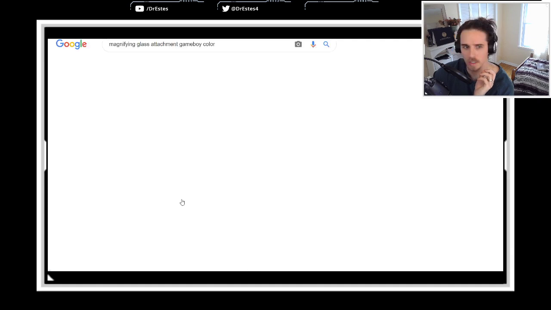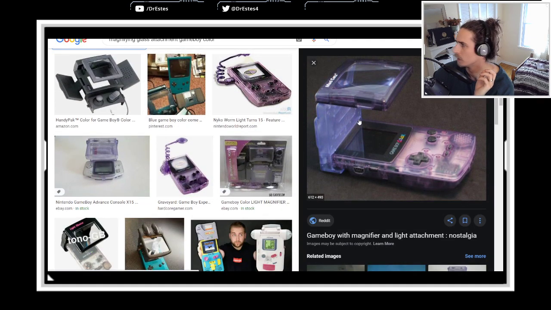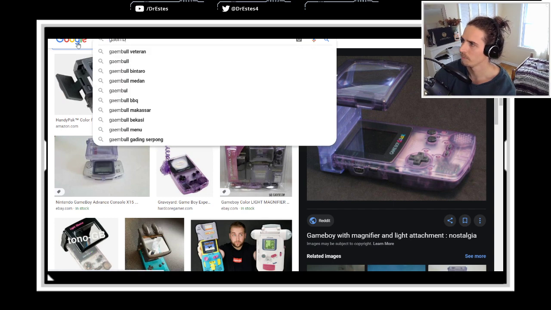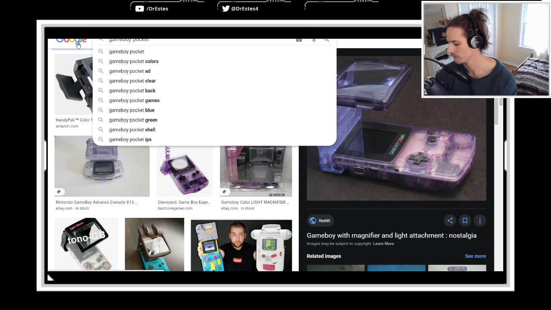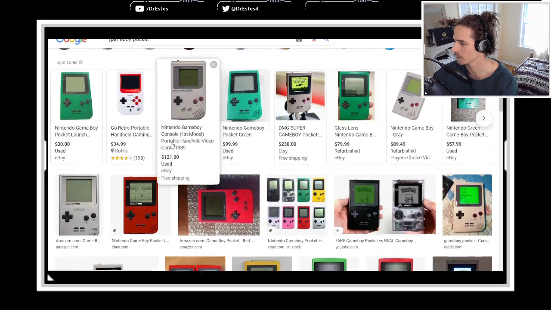It was this thing. Oh man. You had a light attachment? Pokemon Go came out the summer my grandpa died. I remember downloading the app while he was sitting on life support. Pokemon Go has brought a lot of people together. Oh, do you remember the Game Boy Pocket? My brother had a red Game Boy Pocket. This one.